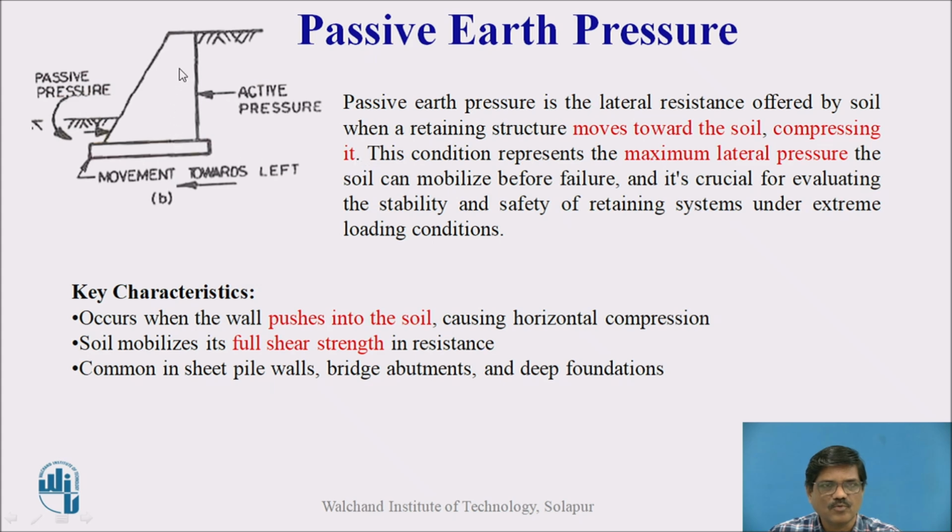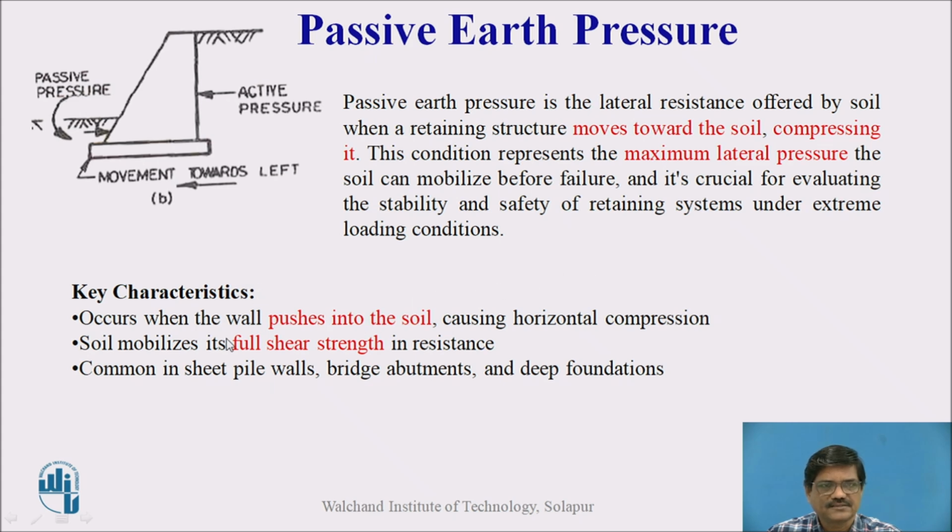So, the movement of the retaining wall is such that it moves towards the backfill and it compresses the soil mass. Under such circumstances, whatever pressure is experienced by the retaining wall, that we call passive earth pressure. So, this condition represents the maximum lateral earth pressure, the maximum the soil can mobilize before it fails.